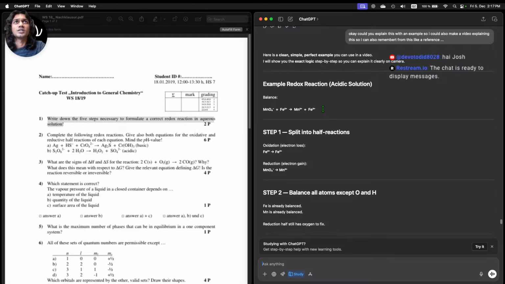Split into half reactions. Oxidation, electron loss: Fe2 plus to Fe3 plus. Reduction, electron gain. So iron is gonna lose electron, magnesium oxide is gonna gain electron, and move oxygen out of the place.